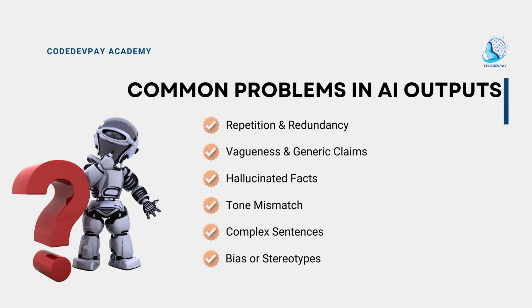The fourth one is tone mismatch. So let's say in your prompt, you ask the AI to be casual, but after you get your output from the AI, you see the tone does not meet what you need.